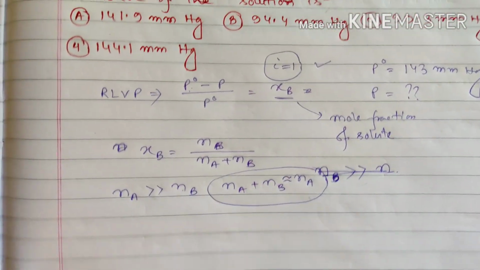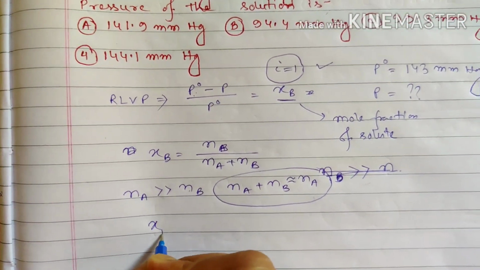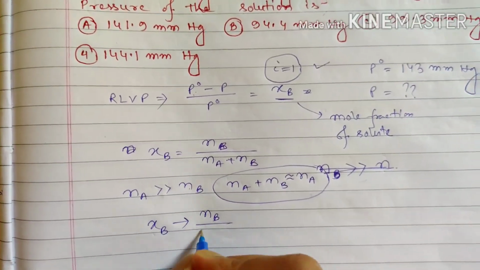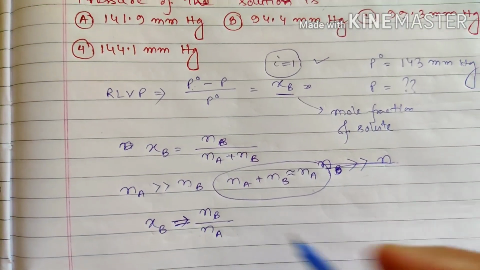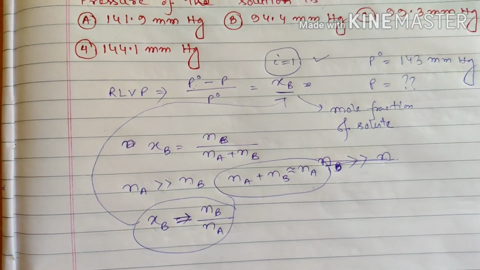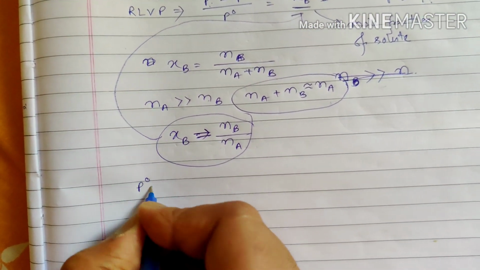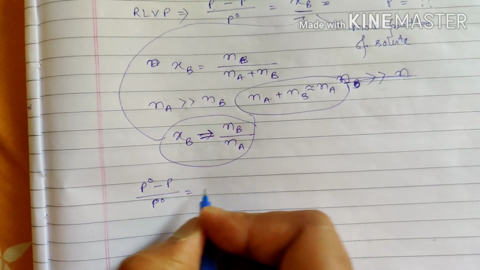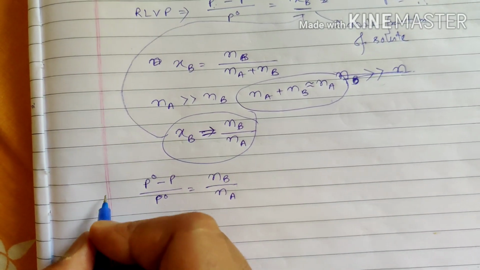That is the assumption we already made. So xp we can write as nb divided by na. So let us rewrite: P0 minus P divided by P0 is equal to nb divided by na.